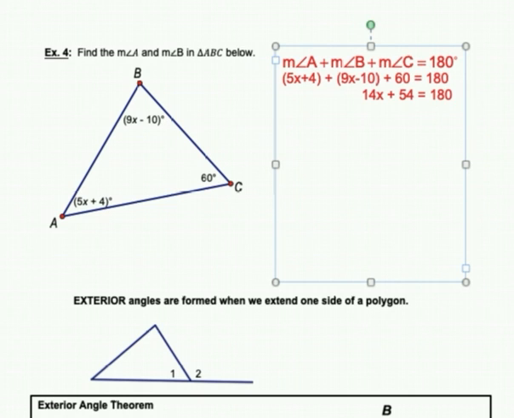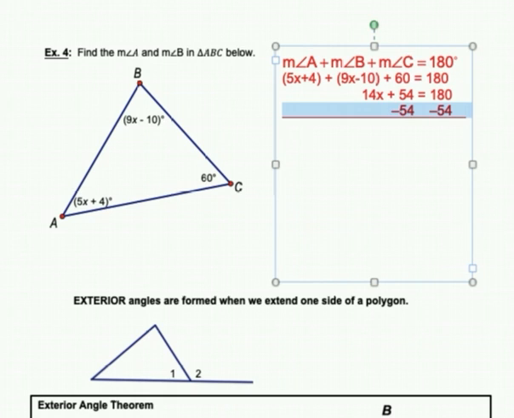Next, I will subtract 54 from each side of the equation to give me that 14x is equal to 126. So if 14x is equal to 126, divide each side of the equation by 14, and that will give me that x is equal to 9.